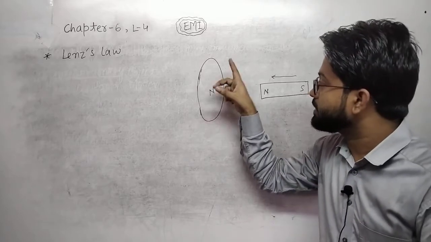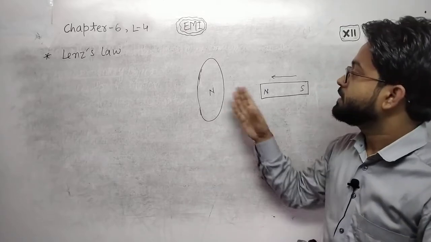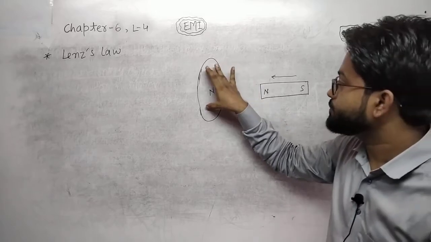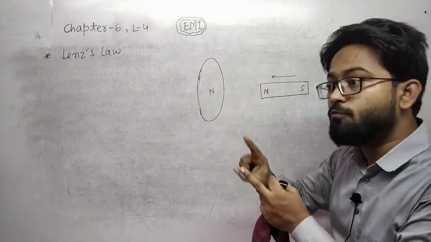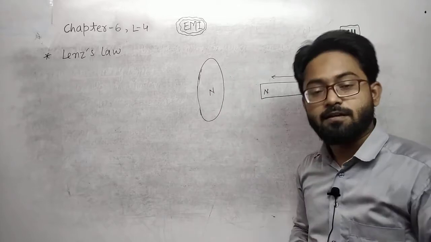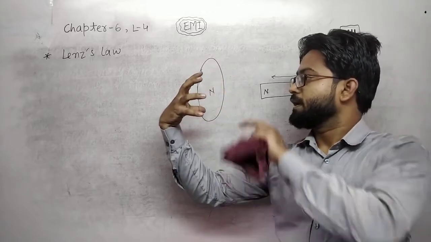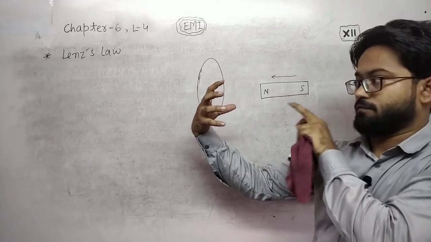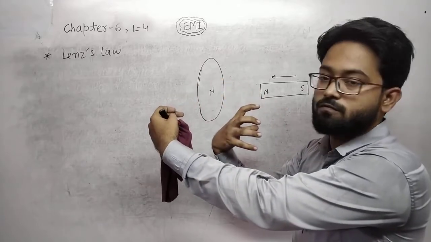That means the direction of current will be such that it will oppose the cause that produces it. The current is produced by what? By the motion of the bar magnet. That means the coil will oppose the cause that produces the current inside the circuit. Hope it is very easy. If this is the coil, this coil will behave like a north pole from this direction, and the south will be in the other direction.